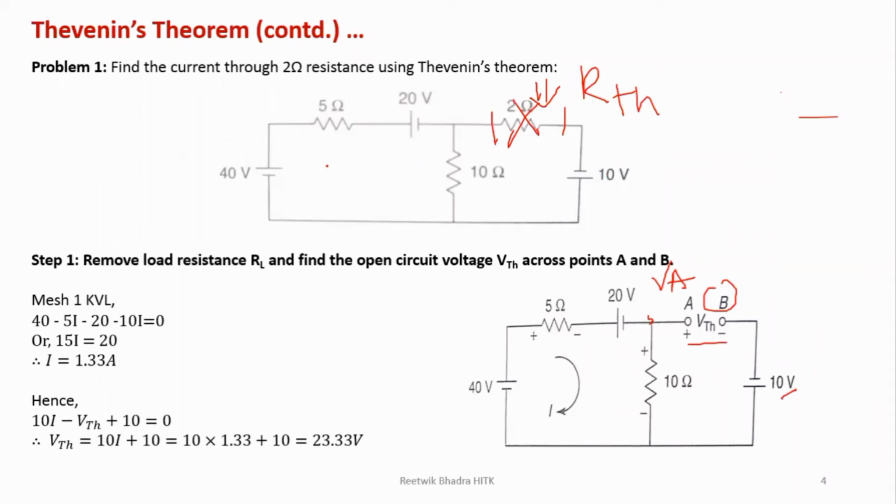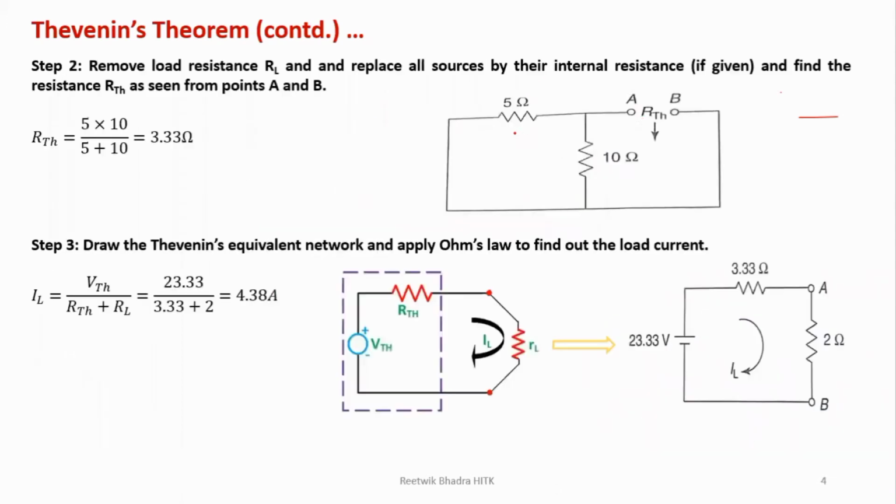If we deactivate all our sources, the voltage source is short circuited. So we'll short circuit this point, this voltage source short circuited, this voltage source short circuited. So basically there will be 5 ohm, 10 ohm, this point short circuited, and this 2 ohm position open, and this side short circuited.